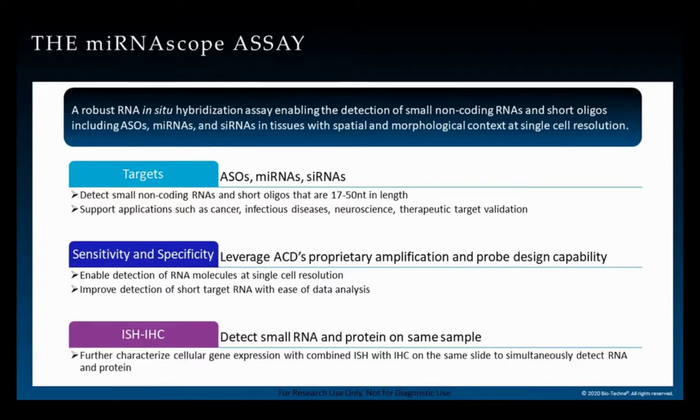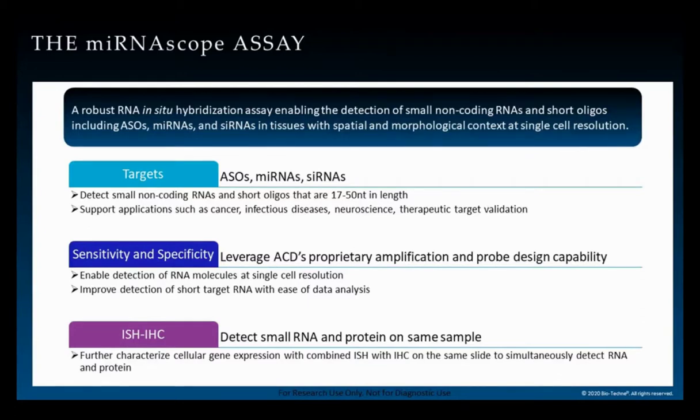Some popular targets include tRNAs and pVRNAs. Key research areas for these top targets include cancer research, infectious diseases, neuroscience, and therapeutic target validation. Additionally, this new assay leverages ACD's core amplification system and probe design capabilities to enable the detection of RNA molecules at single-cell resolution, while improving high signal-to-noise detection of smaller RNAs with ease of data interpretation.